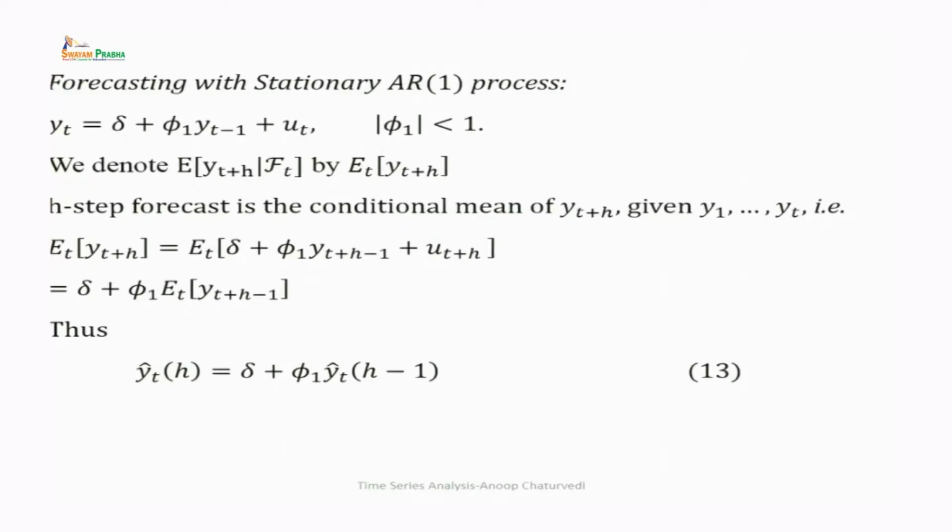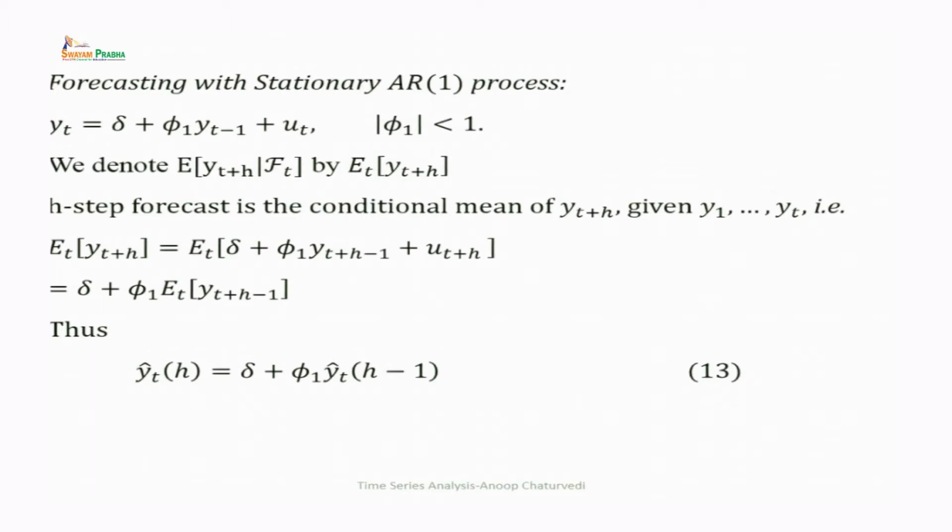Now, we are going to apply that result for obtaining best linear unbiased predictors for different time series models like the autoregressive model, moving average model and ARMA model. First we consider the stationary AR1 model.